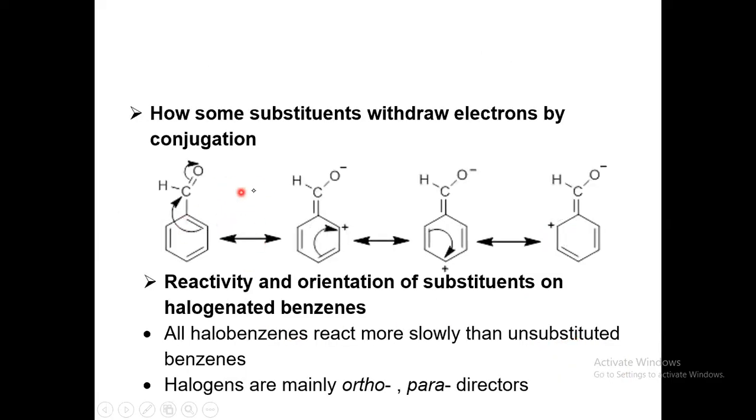Good. So how electrons are withdrawn by conjugation has also been shown. We can go through the resonance structures. So you realize that the bond between the oxygen and carbon, the pi bond can break onto the oxygen, and that would make the carbon go in for electrons. So the pi bond in the ring would break and then try and stabilize the carbon here, right?